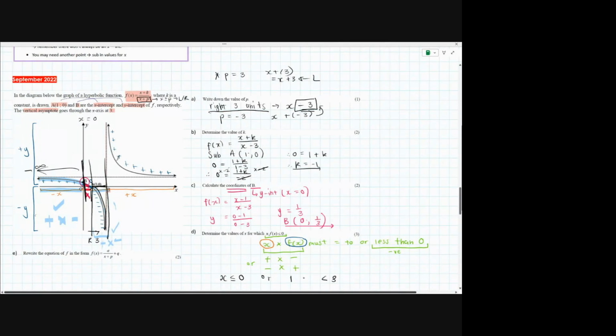Now remember, 3 is an asymptote, so we can't include 3, but we can include 1, because at 1, y is equal to 0, and it did say equal to or less than 0. And so these are the two portions of my function where I will get a negative product when multiplying together an x and a y.